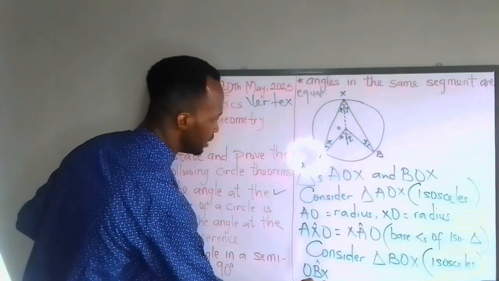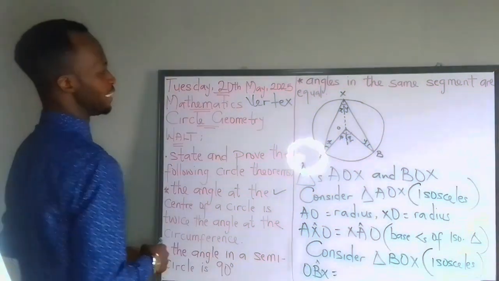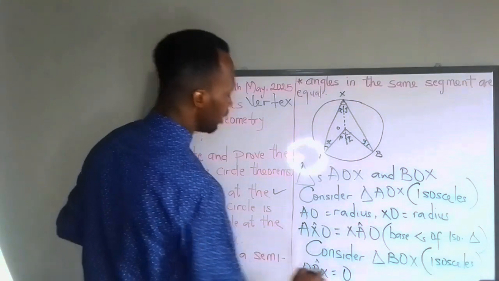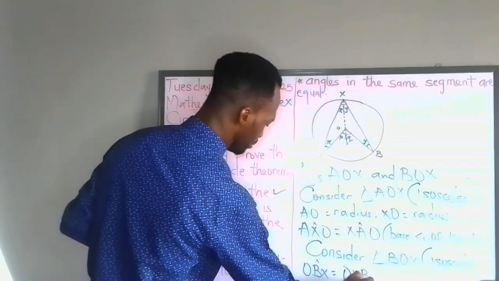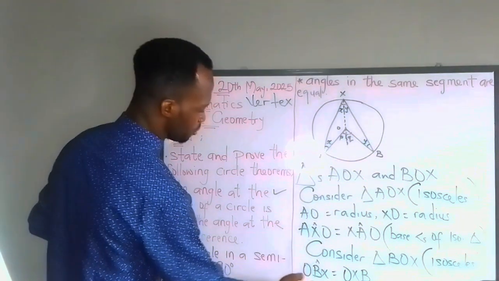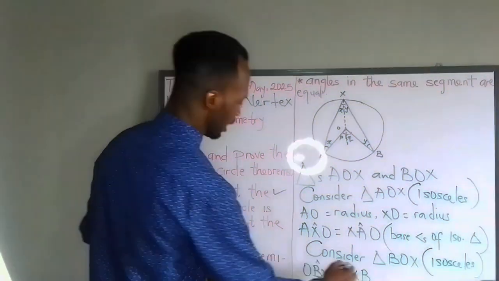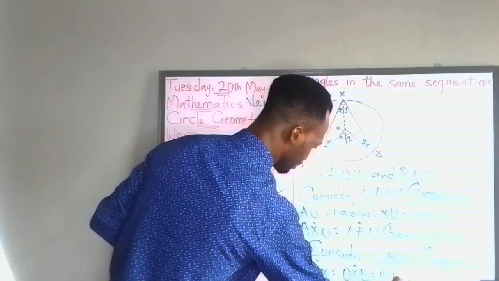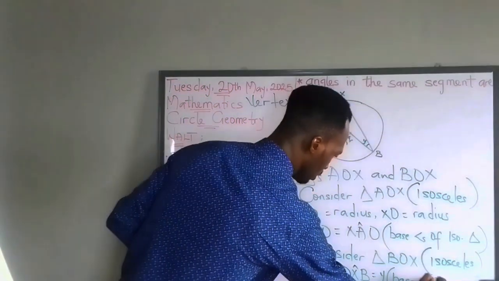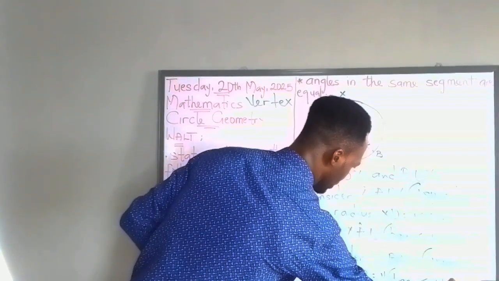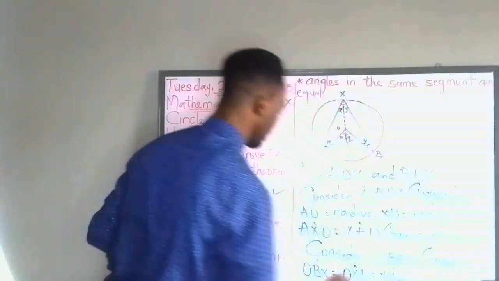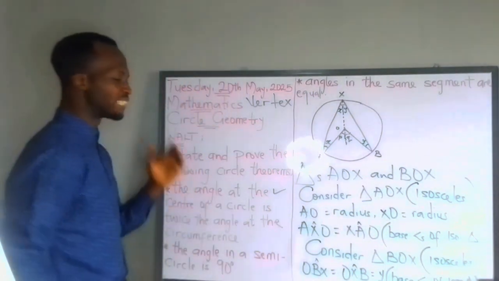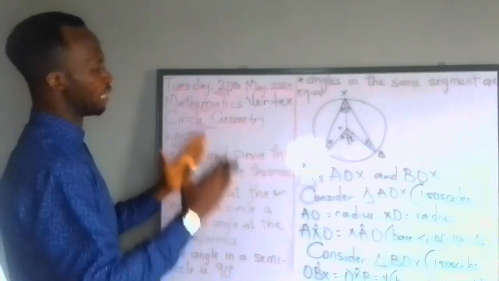OBX, that's the angle at B, which is Y, is equal to OXB, or BXO. That's the angle here, and that's equal to Y. What's the reason? Base angles of an isosceles triangle.